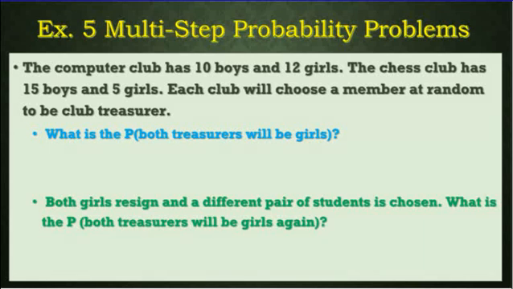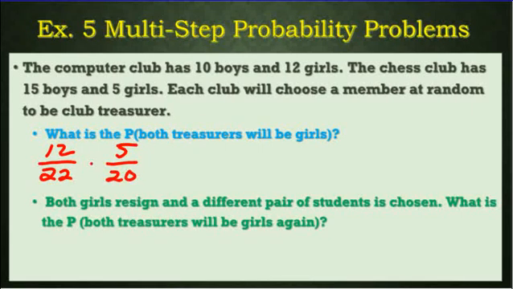So if you choose for the computer club, you have 12 girls out of the total of 22 students. Probability for the chess club, you got 5 girls out of 20 students.